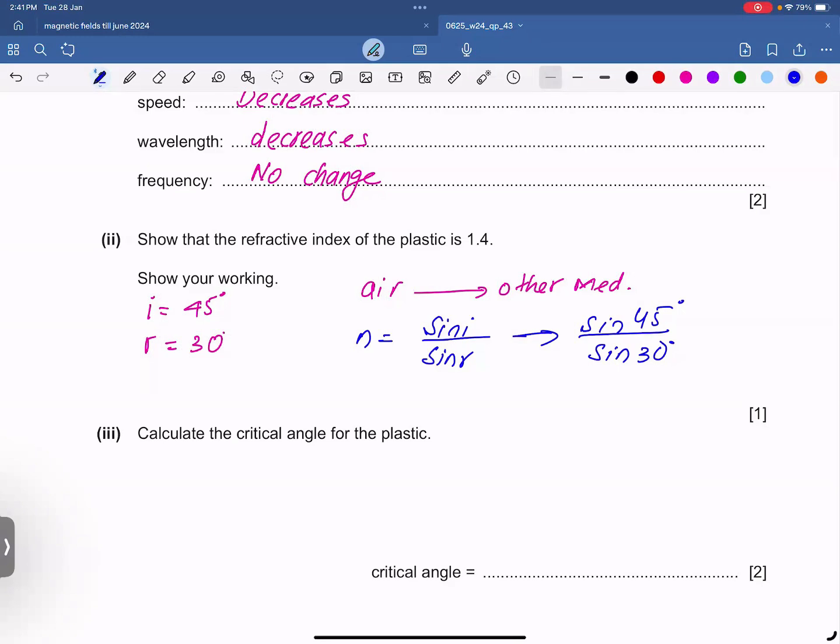So this comes to be 1.4, rounded to two significant figures.